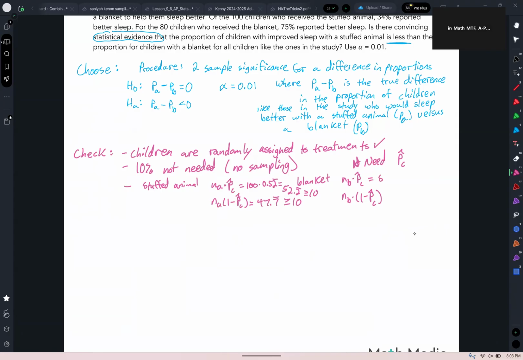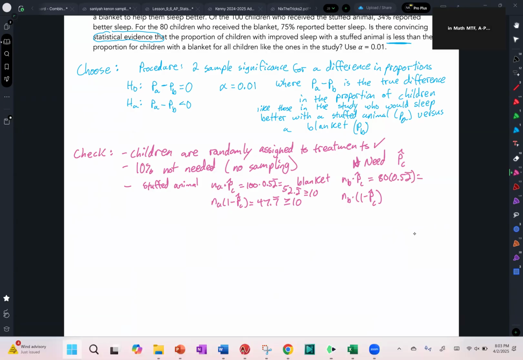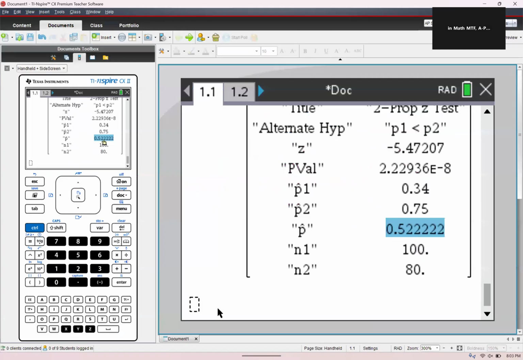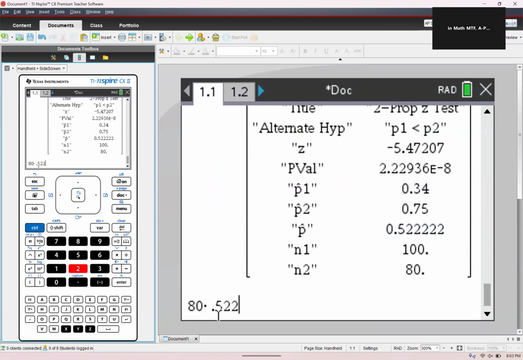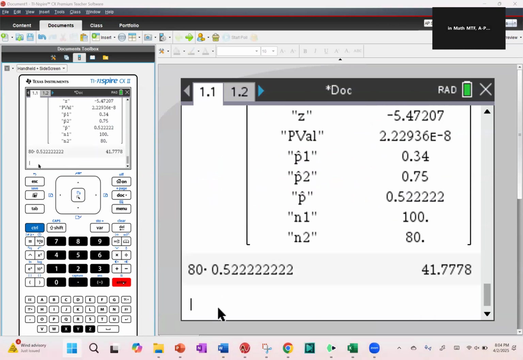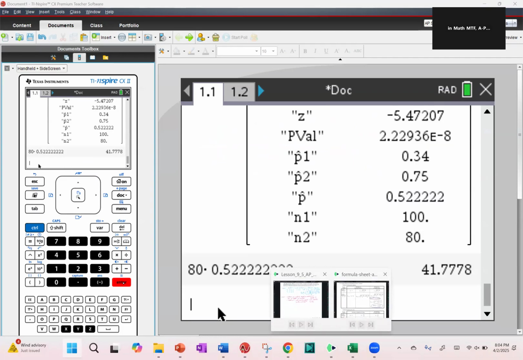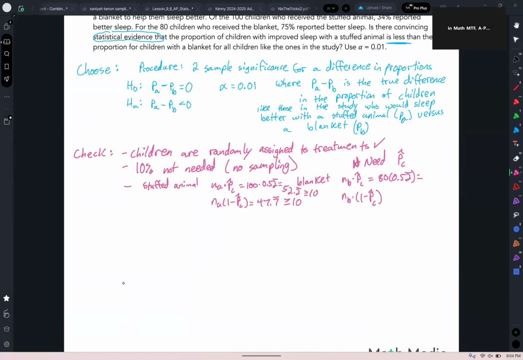This would be 80 times 0.52 repeating, which is 41.778, so 7 repeating. And then the complement would just be 38.2 repeating. All right, all greater than or equal to 10.